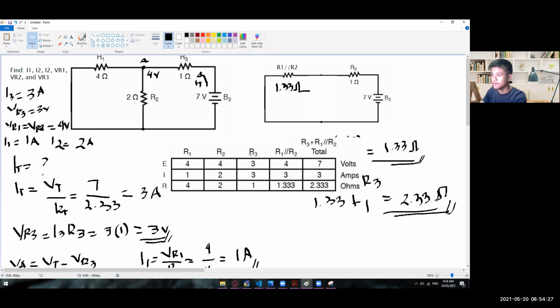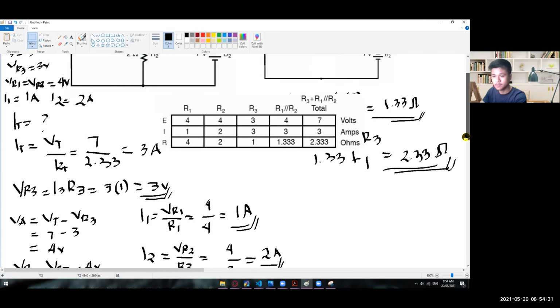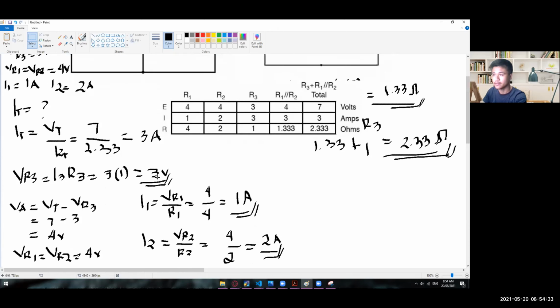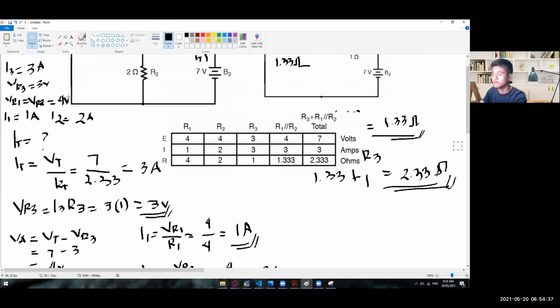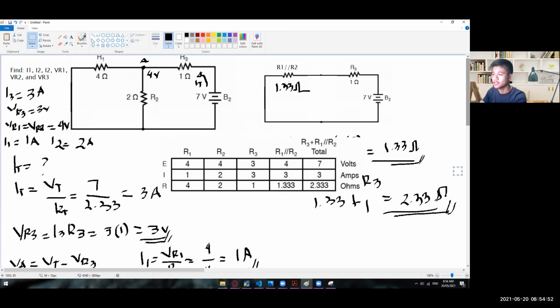And we have here the voltage drop across R3, which is 3 volts. VR3. There you go. So we have here 3 volts. And what else? So we have here the current on the R3, which is 3 amps, and the voltage drop, and then the resistance, which is 1 ohm.